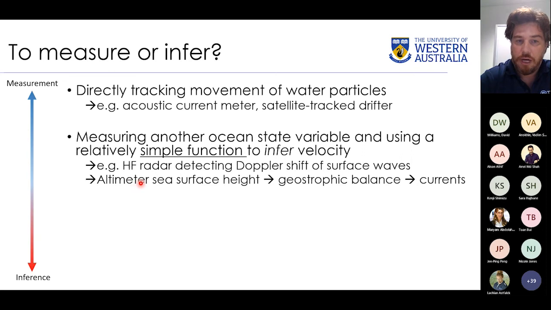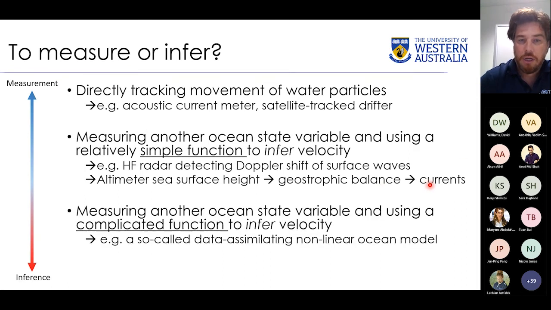And the currents derived from the altimetry satellites, so the ones that measure sea surface height, use a simple model, the geostrophic balance, to then infer what the currents are. And then going further down towards inference is measuring another ocean state variable and using a much more complicated function to infer the velocity. An example would be these data assimilating nonlinear ocean models.